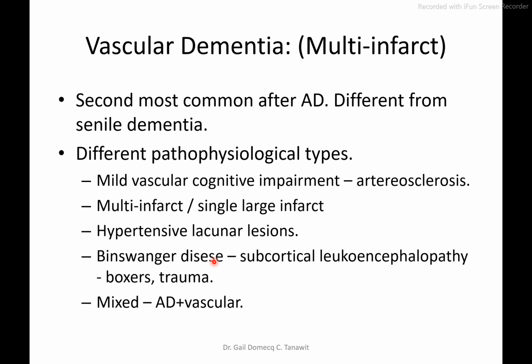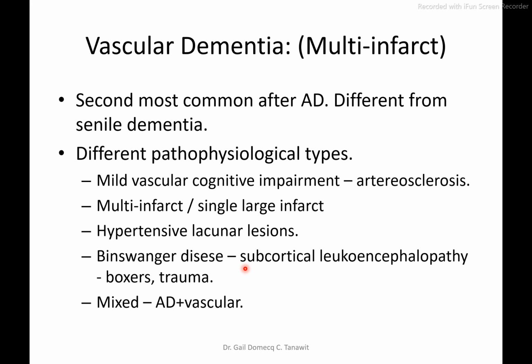There can be hypertensive lacunar lesions, Binswanger disease, which is a subcortical leukoencephalopathy. Patients who are boxers are prone to vascular dementia or traumatic injuries. Or also there can be a mix, Alzheimer's disease plus the vascular type of dementia.